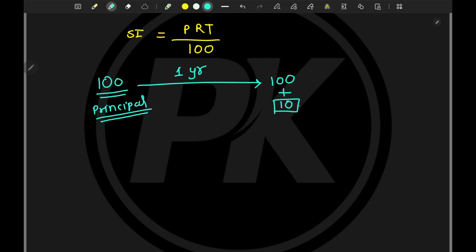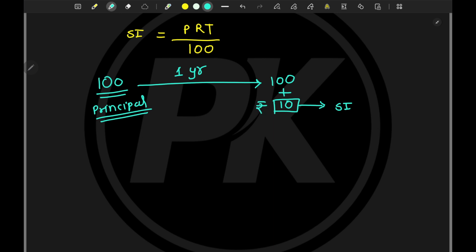And this 10 rupees I am extra demanding is your SI. We call it simple interest. This is in rupees.